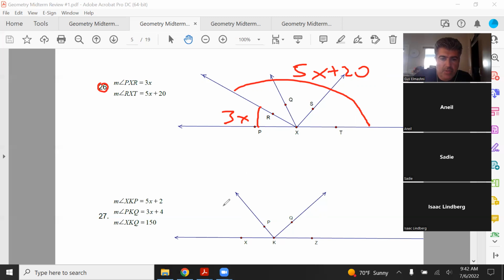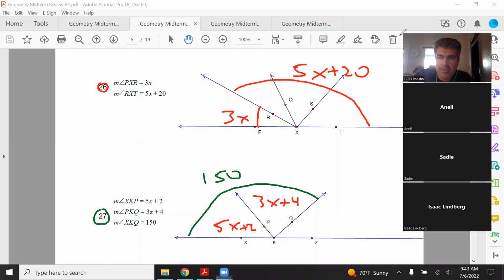Then 5x plus 2, that's XKP, PKQ, 3x plus 4, and XKQ, the whole thing, is 150. Okay. Go ahead and try these 2. I'm going to pause.